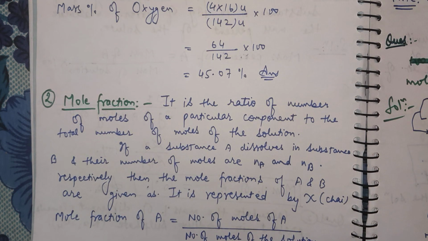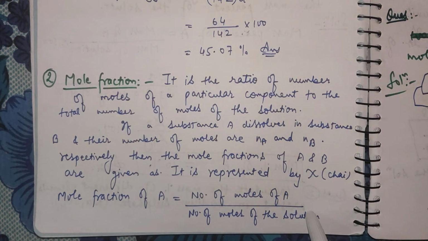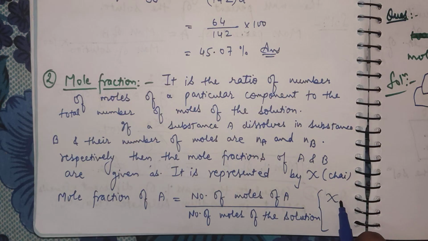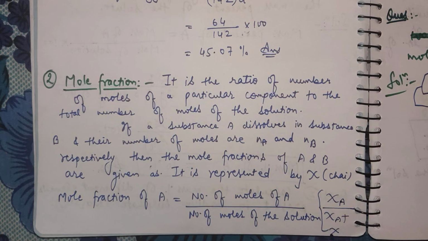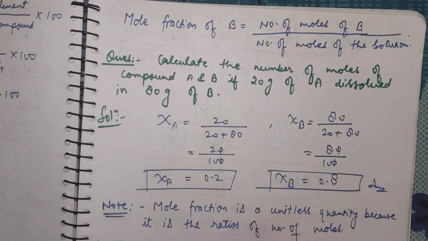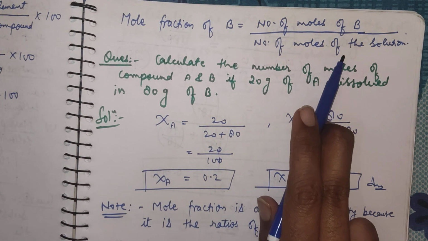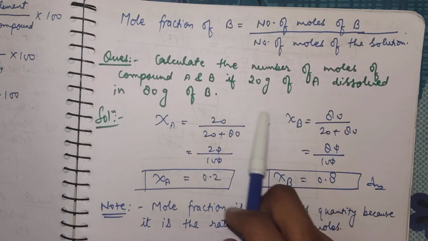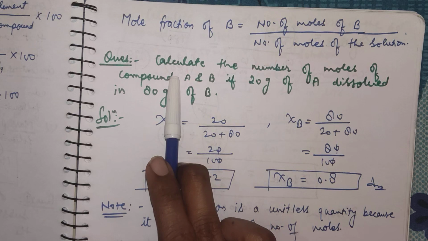It is represented by a symbol looking like X but not X. This is called chi. So mole fraction of A is equal to number of moles of A upon number of moles of solution. Hence we can write it as mole fraction of A plus mole fraction of B in symbolic representation. The mole fraction of B is equal to number of moles of B upon number of moles of the solution.